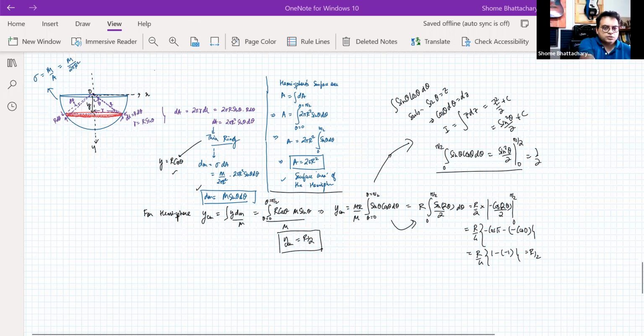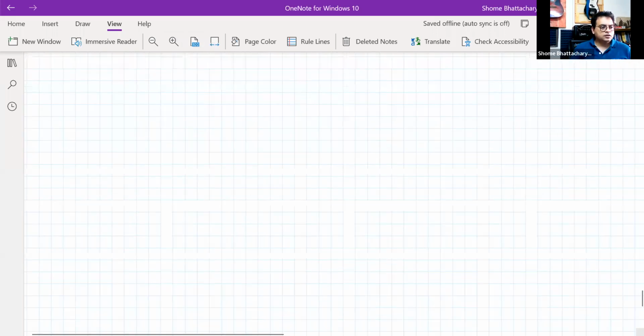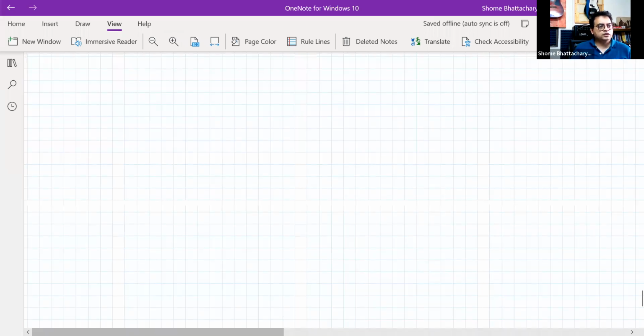Now we come to the final example for today for these standard cases of center of mass. In this one, we'll discuss the center of mass of a solid symmetrical cone.